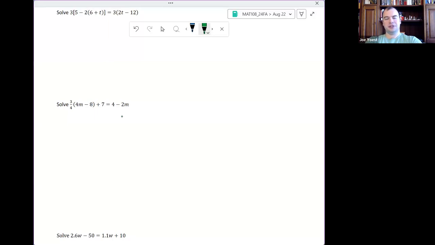So when I have a fraction in an equation, oftentimes the first thing I want to do is clear the fraction. So one thing I can do here is, if I have one or more fractions in an equation, I can look for the least common denominator for all of those fractions. And I could just multiply both sides of the equation by that least common denominator, distribute everything carefully, and I'll end up with all my fractions going away.